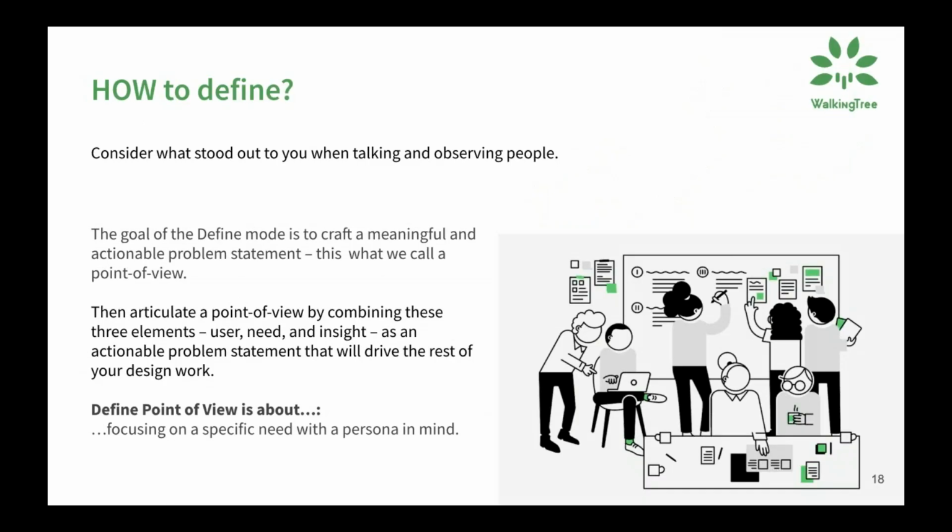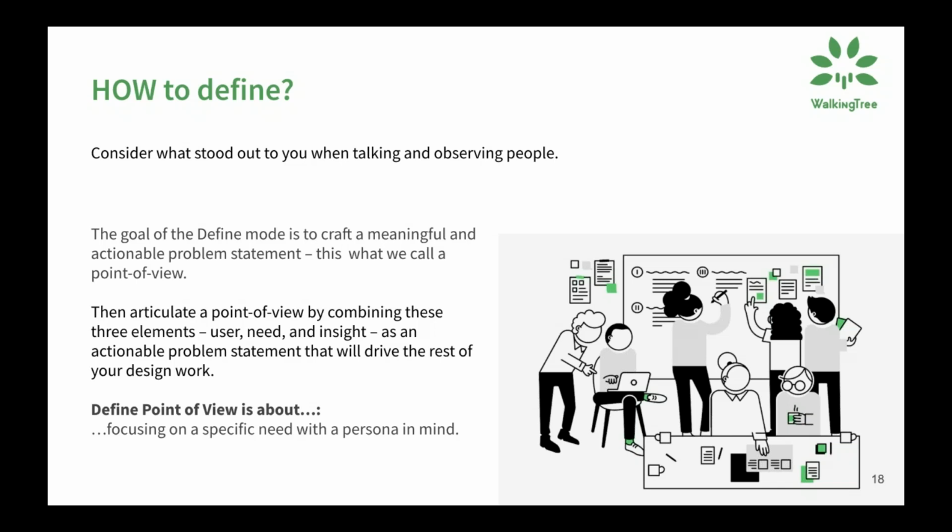Moving forward, how do you actually define it? Considering what stood out of the observations that you got and what patterns emerged, you get a sense of what you have to come up with. If you notice some interesting things about a user while he's doing a task, ask the question: what is he doing, what sort of problem is he going through? Asking why is a good behavior, and it is a feeling that you make a connection with the user, and in a larger context you try to understand it.